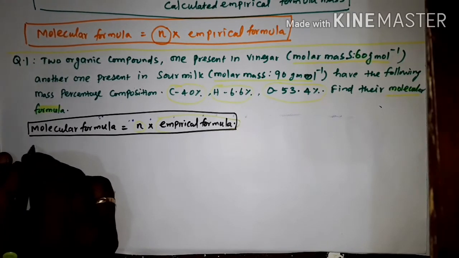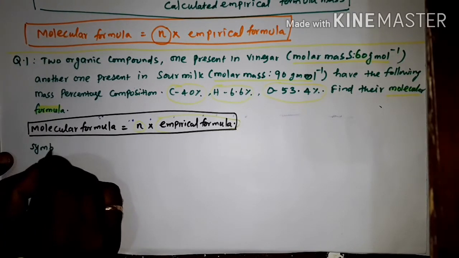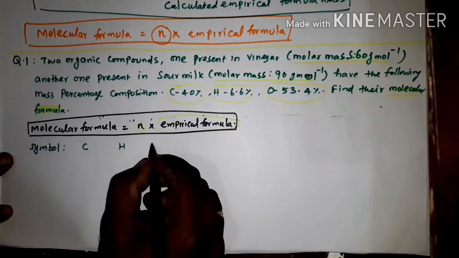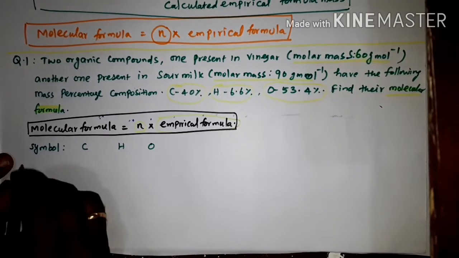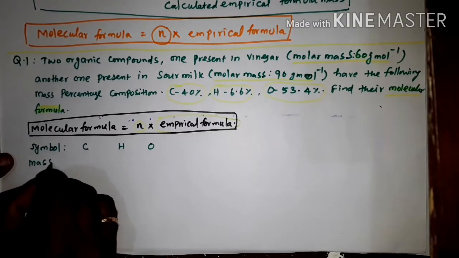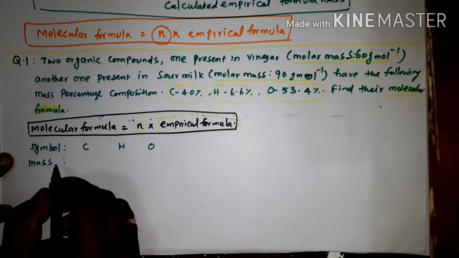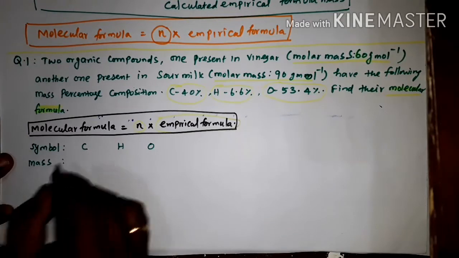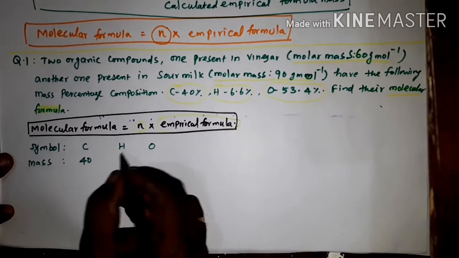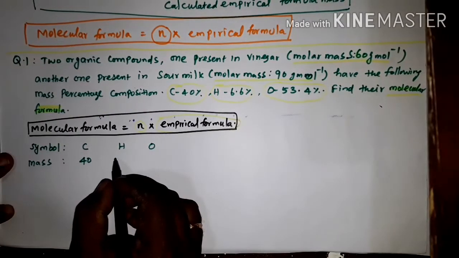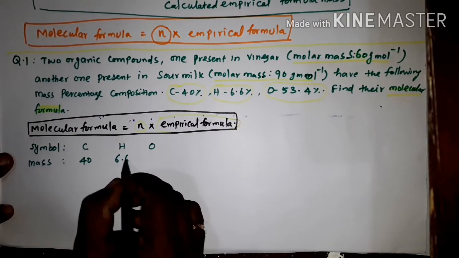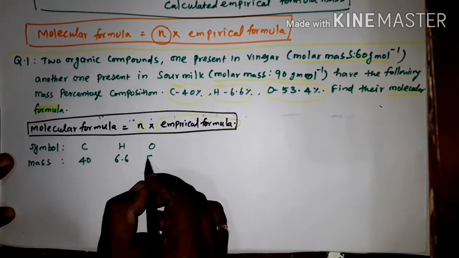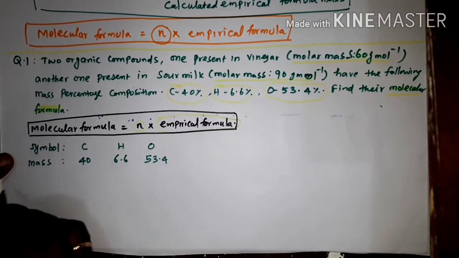First you have to write the symbol. What are the elements given? Carbon, hydrogen, oxygen. Second one is mass. The mass will be taken from the percentage. Carbon 40 percent, so the mass will be 40 gram. Hydrogen 6.6 percent, so 6.6 gram. Oxygen 53.4 percent, so 53.4.